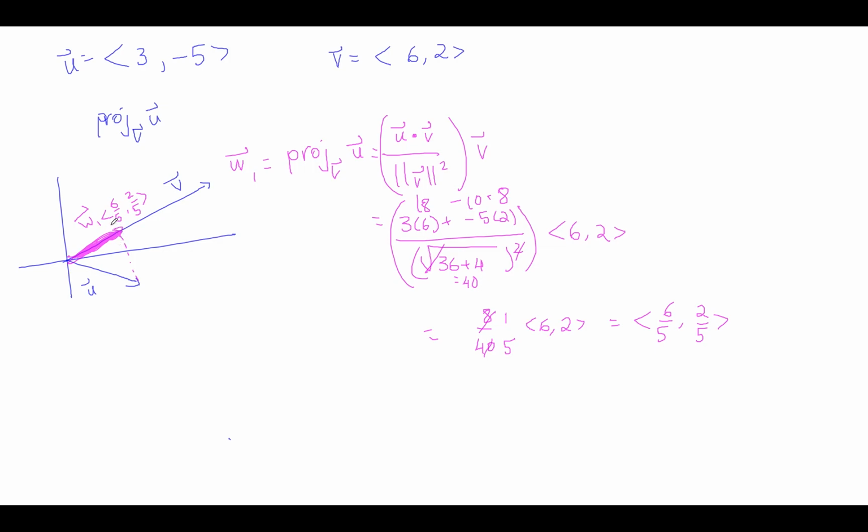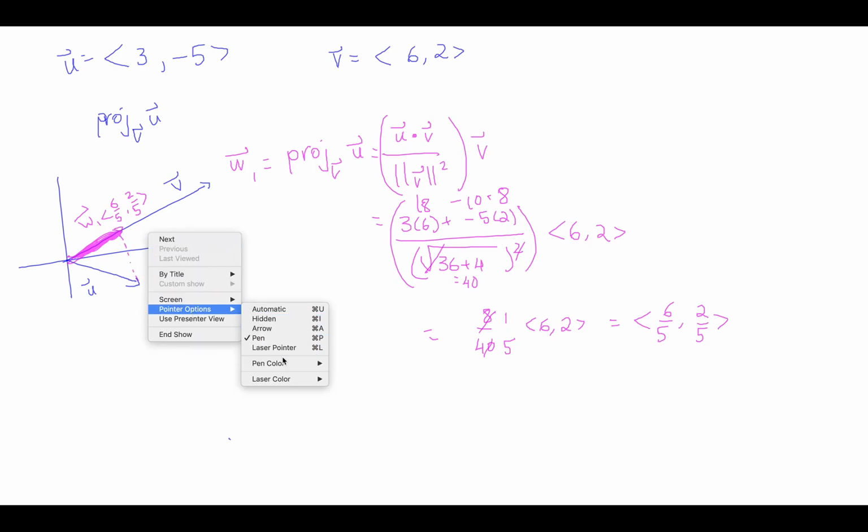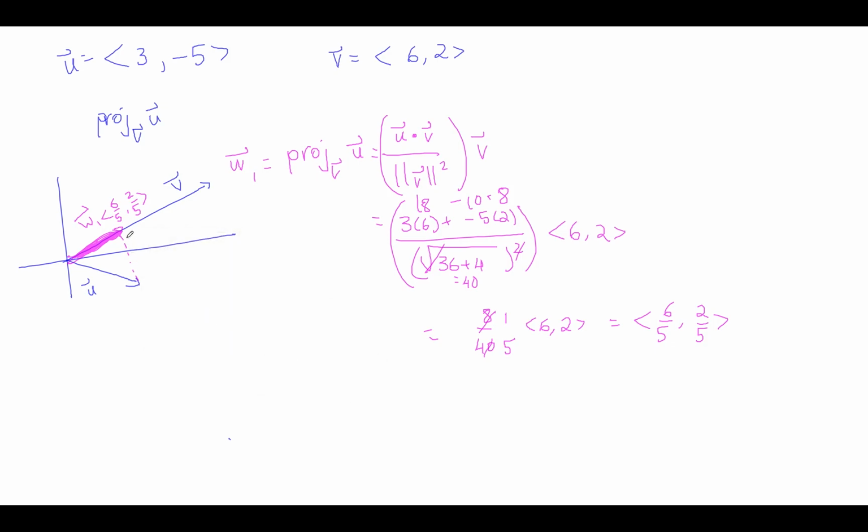Now I want to come up with, what is this other vector that's added onto it? So notice that when you do projections, what I showed you on the last slide was you can add them up to come up with the final vector you need. So here I have this other vector that's added on to w1. And when I add w1 and w2, I should get my u vector, right?